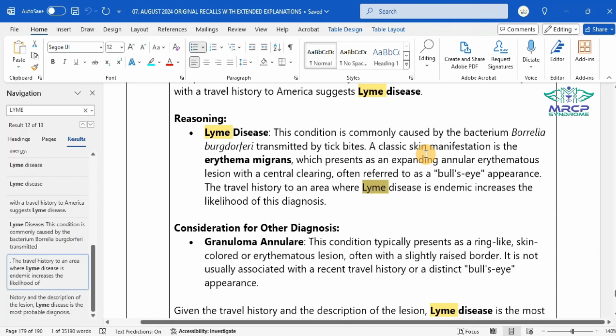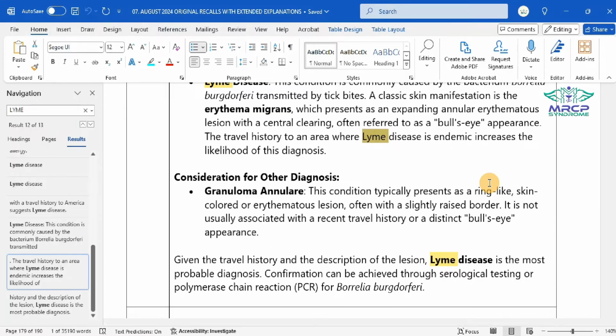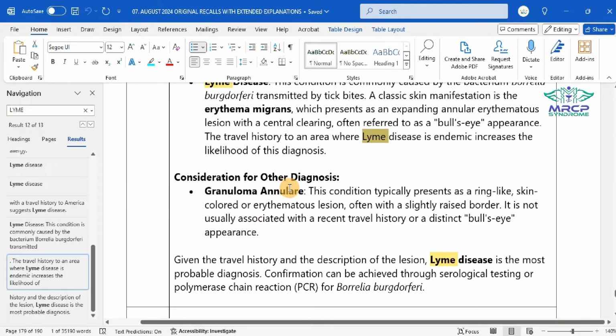In case of granuloma annulare, usually it will present like a ring-like or skin-colored or erythematous lesion, often with a slightly raised border. And this granuloma annulare is not related to the recent history of travel, nor the distinct bullseye appearance.